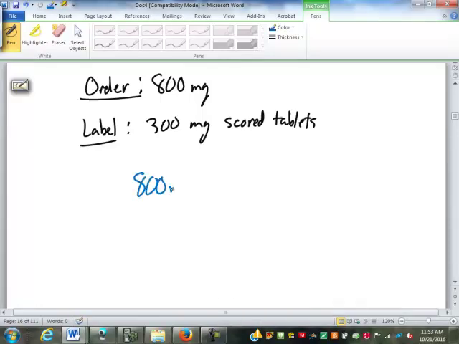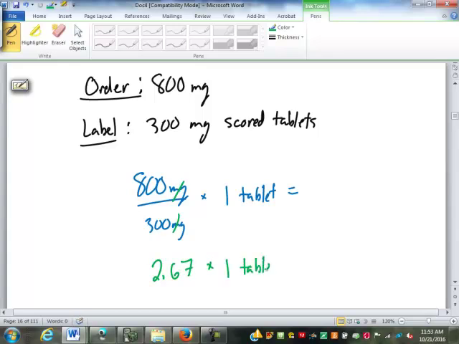So we have 800 milligrams over 300 milligrams times 1 tablet. As we divide this out, milligrams cancel. 800 over 300 is 2.67 times 1 tablet. How many of you got to 2.67 tablets? Show of hands. Most of us.